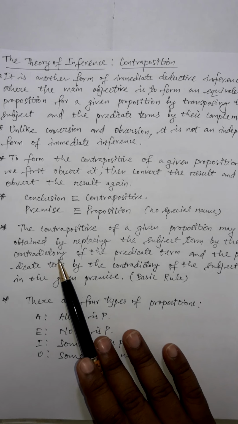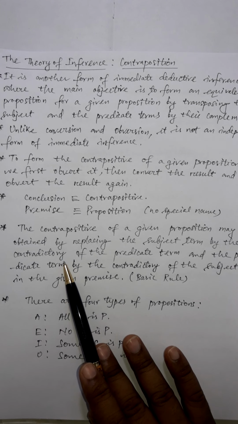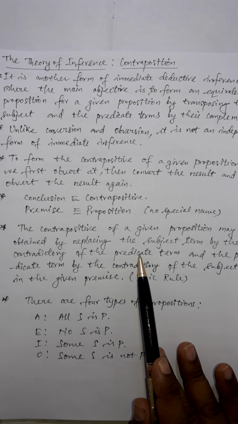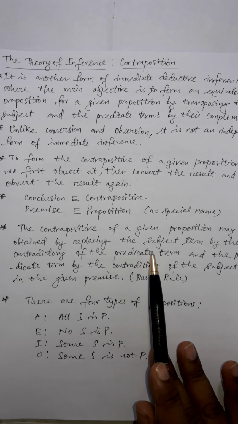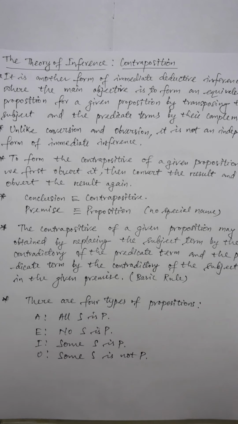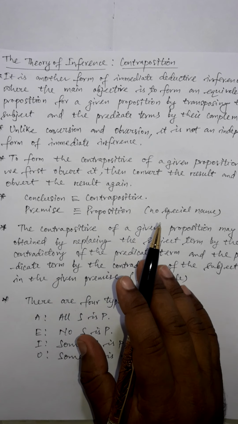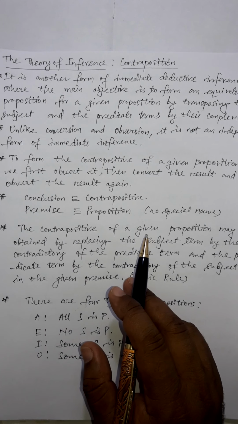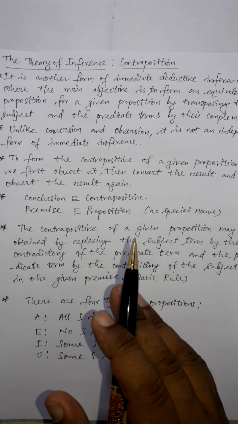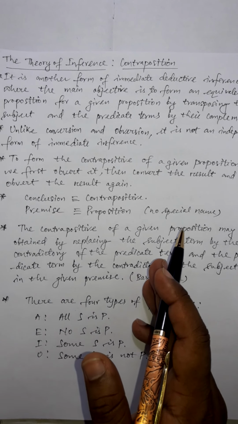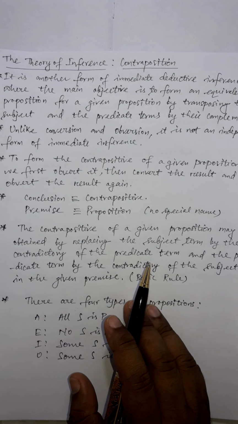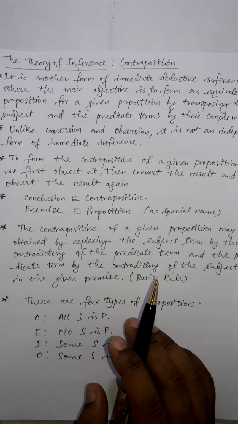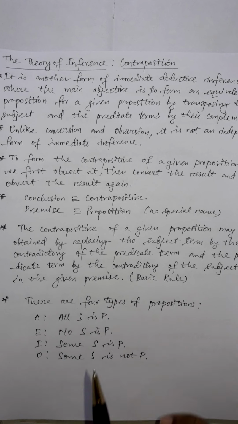Here contradictory means negation. S represents the subject term and P represents the predicate term. Then S will be replaced by non-P and P will be replaced by non-S. The statement we obtain in this process is called the contrapositive of the given proposition.